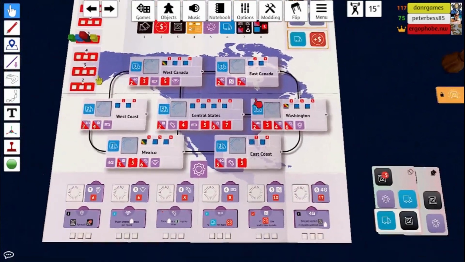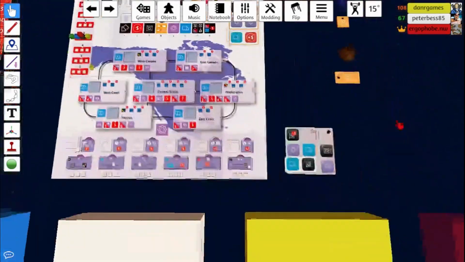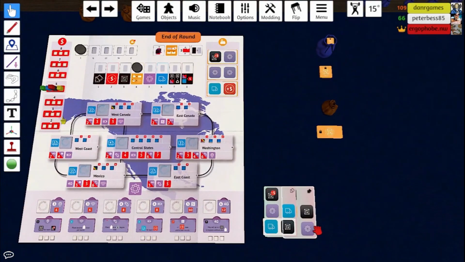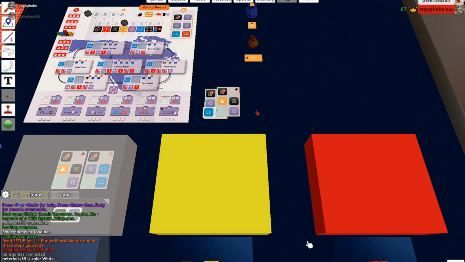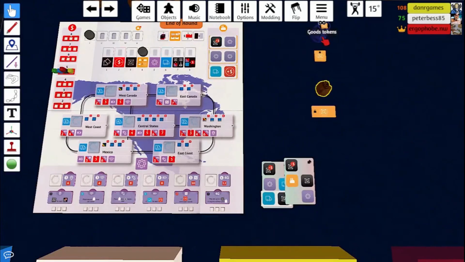Then you can buy technology. Or, well, they call them improvements. You can only get an improvement if you have this yellow spot showing on your card, and you take those improvements in turn order. If you choose not to take an improvement, or you don't have this showing, you just take one of these single good things for future turns. All of these single goods count for 1 extra good every round.